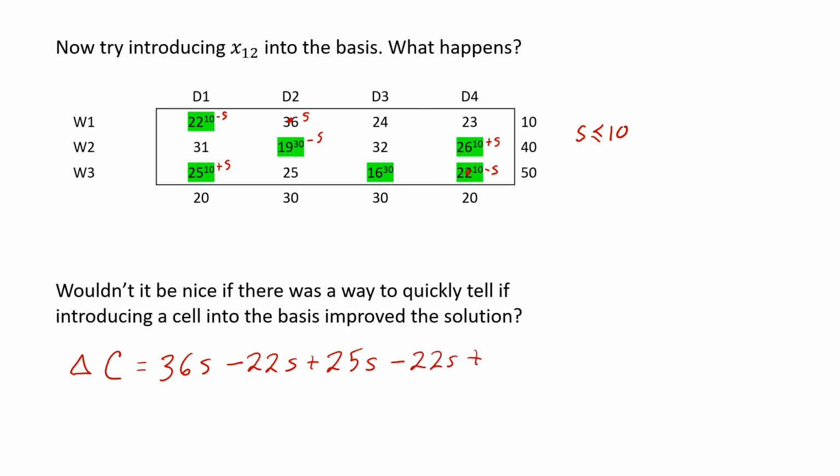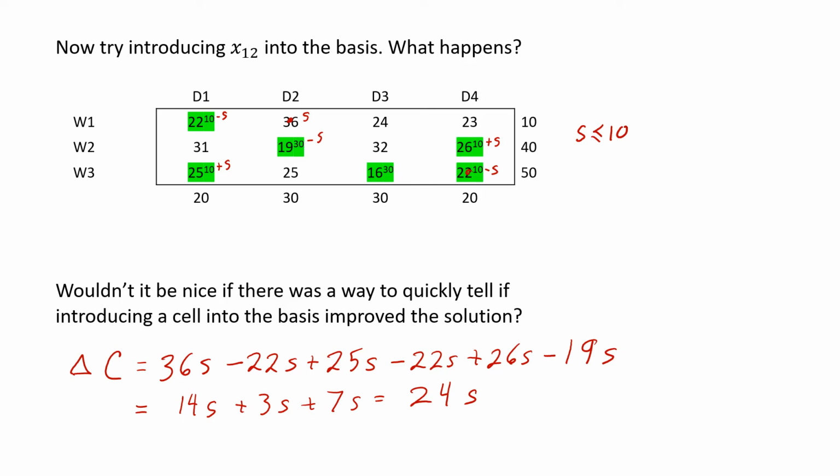My fourth one adds 26s. And my final one saves me 19s. What does this all give me? I kind of do them in pairs. I get 14s plus 3s plus 7s, which is 24s, which means if I make this change, it is going to cost me extra. So this is not a good change to make.